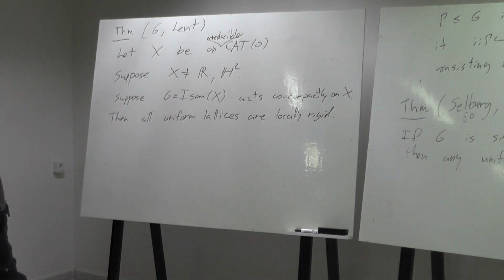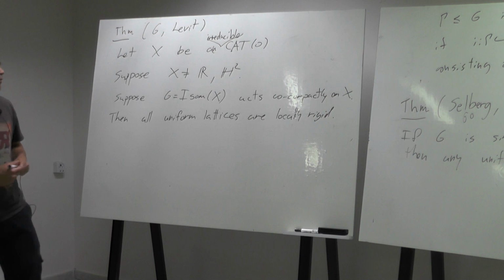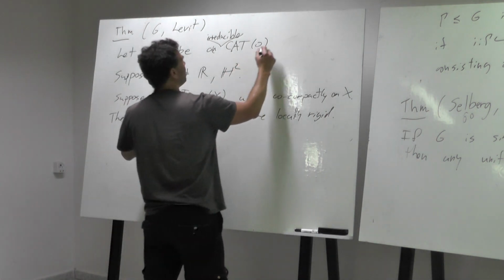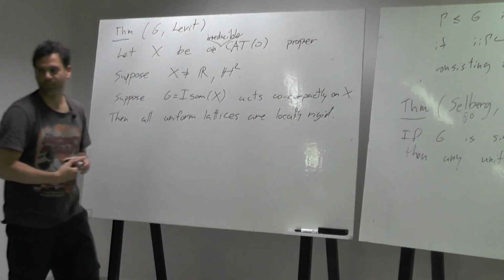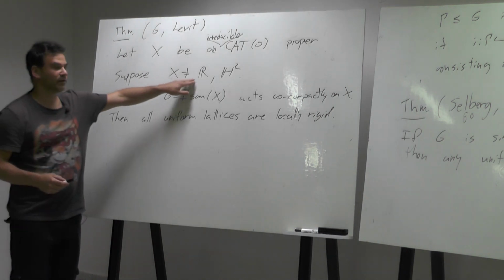You assume X is proper? Yes, let X be an irreducible proper space, so balls are compact. What about the plane? It's irreducible and not Euclidean.